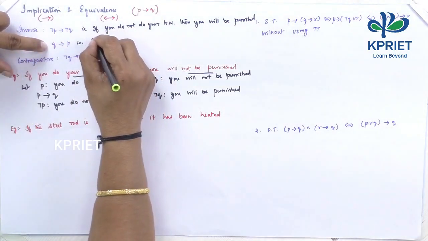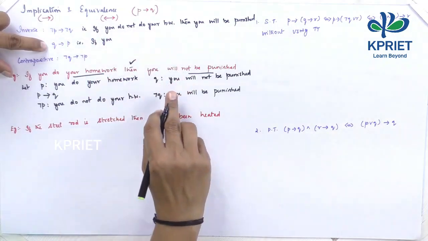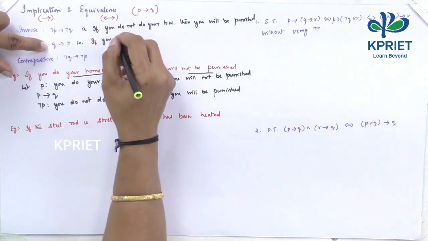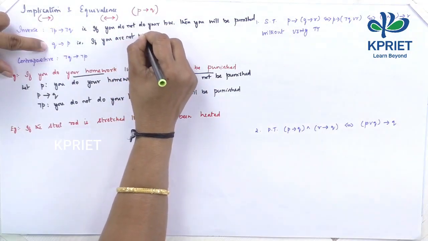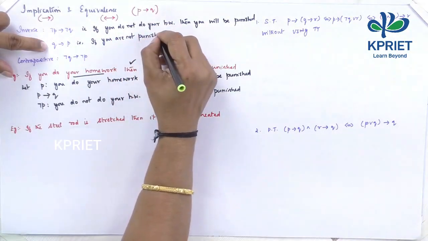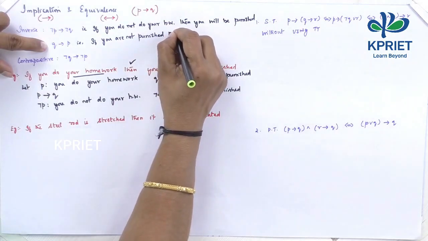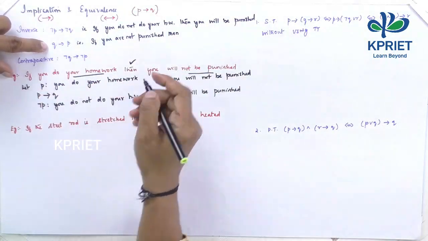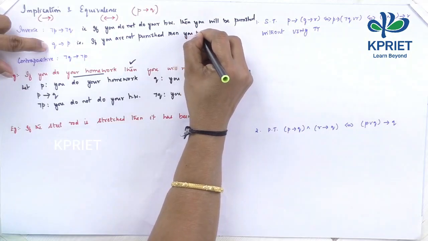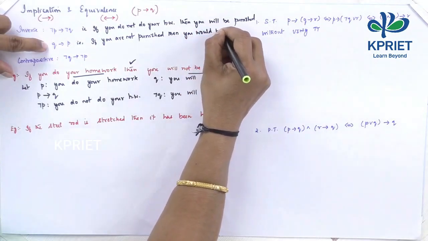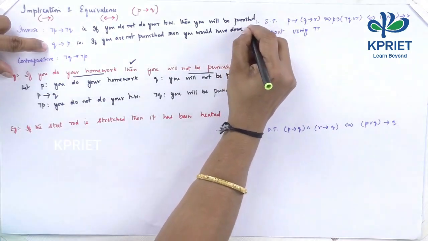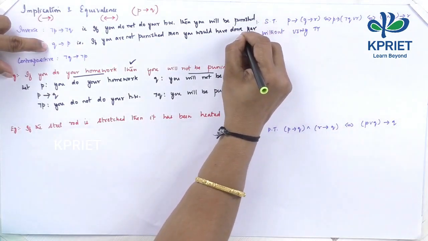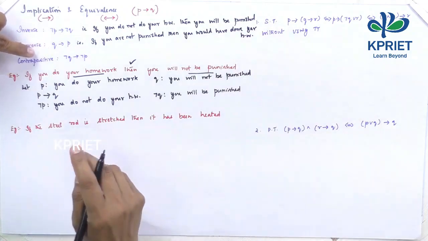If you are not punished, then you would have done your homework. That is the converse.